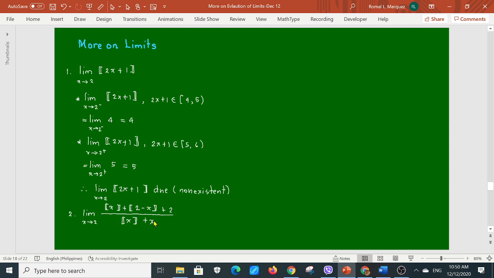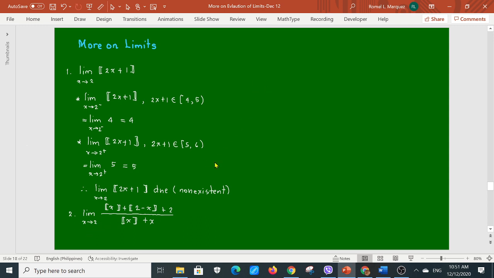So let's see what the limit of the denominator is and also what the limit of the numerator is. Since this is a quotient, you can just simply substitute, okay? But aside from that, because the greatest integer is involved, and we know that the greatest integer is constant in a particular interval, let's see how we can get rid of the greatest integer symbol, since we know what x is. We know that x is close to 2 from the left and from the right.